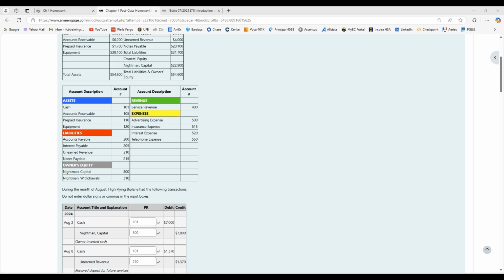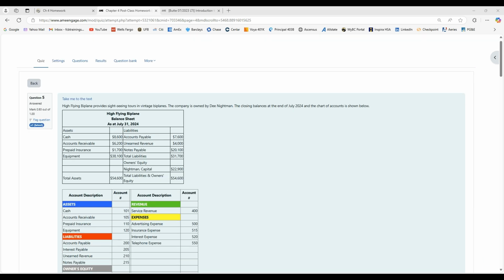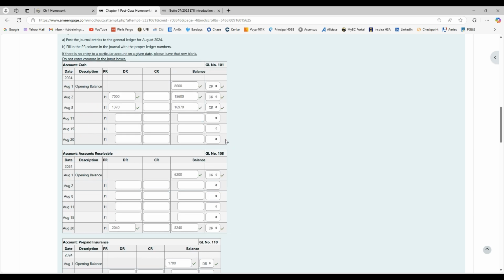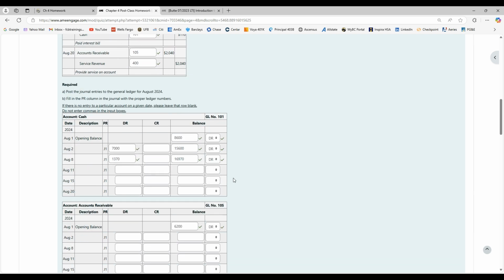So what I'm going to do first is find my snip tool, the little screenshot snip of the beginning balances, to make sure I put those all in correctly and I'm not missing anything there. Because we know these are all right.